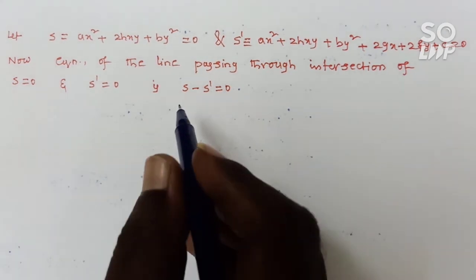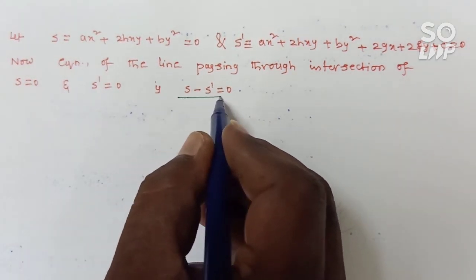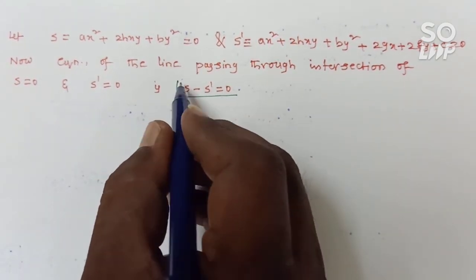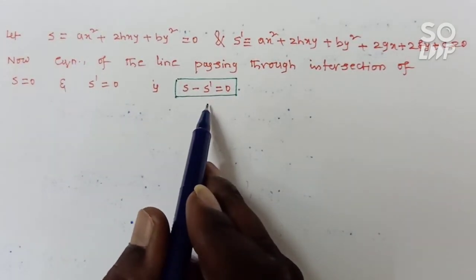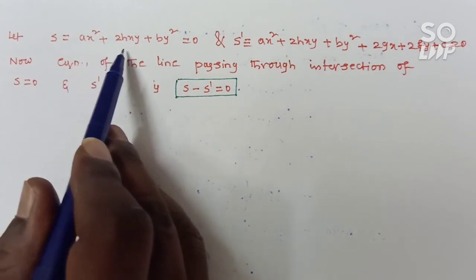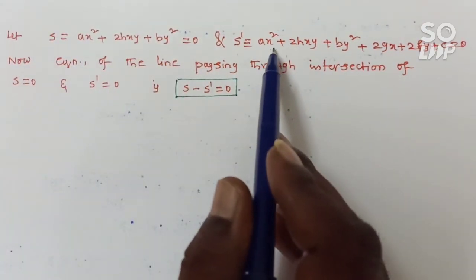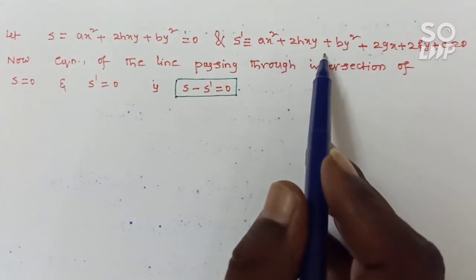So please all of you remember this formula. Here, how can we find S minus S dash? Here the homogeneous part and here the homogeneous part are equal.